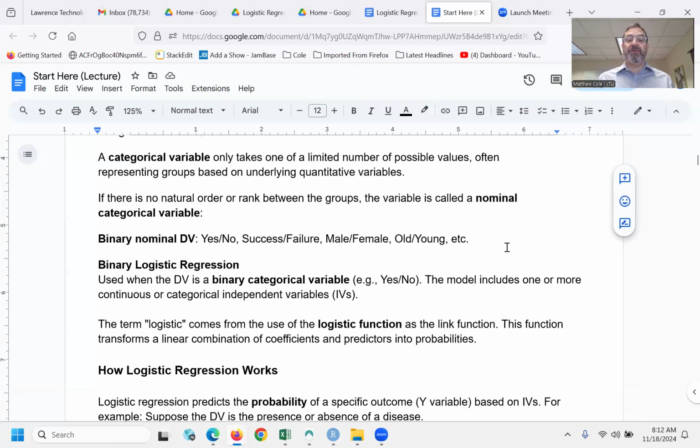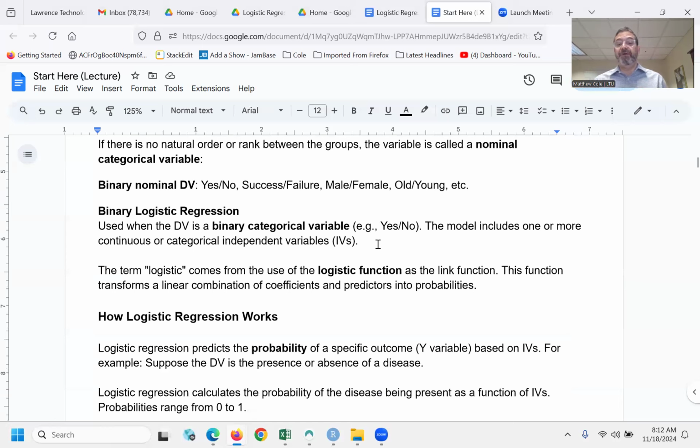In the case where we have a categorical variable that is binary, so a binary nominal dependent variable, for example, the outcomes or the responses are yes, no, or success, failure, or hit, miss, or disease, no disease, male, female, etc. Binary logistic regression is a really good model to use.